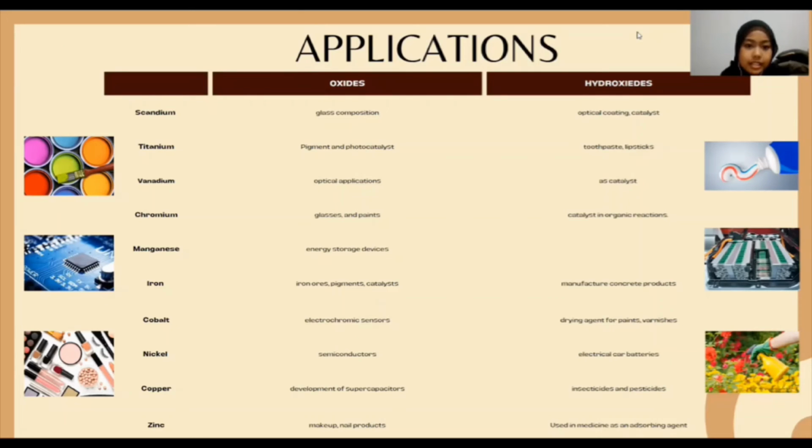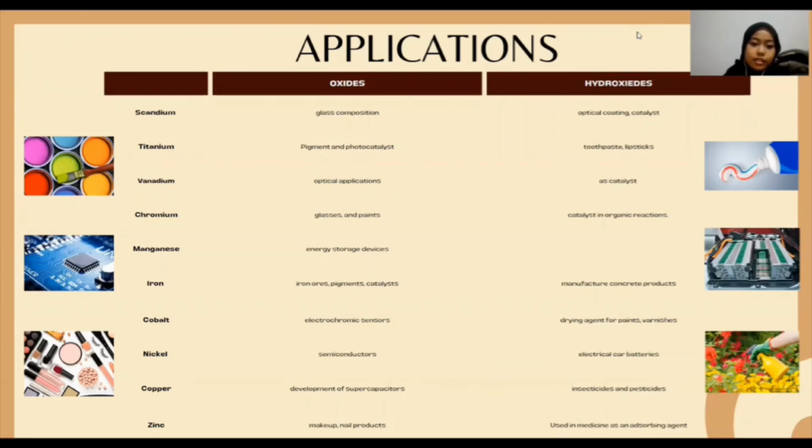Vanadium oxide is used in optical applications and also as a catalyst. It is used in the sulfuric acid reaction. Vanadium hydroxide is also used as a catalyst. Chromium oxide is used in glasses and also paint, and chromium hydroxide is used as a catalyst in organic reactions. Next, manganese oxide is used in energy storage devices.